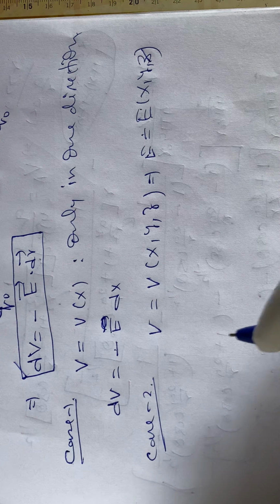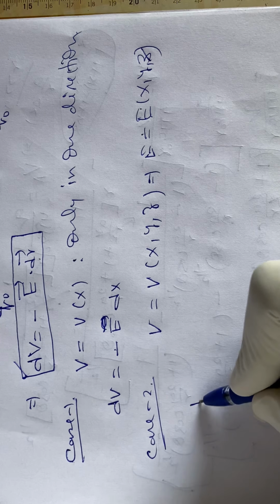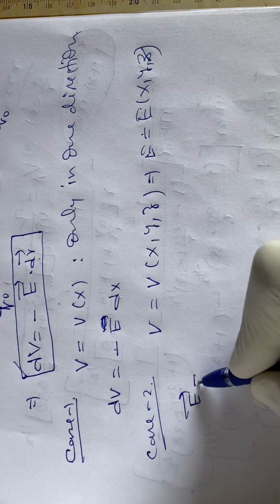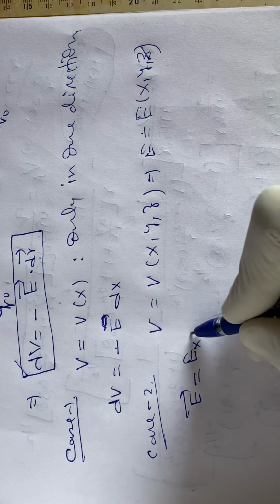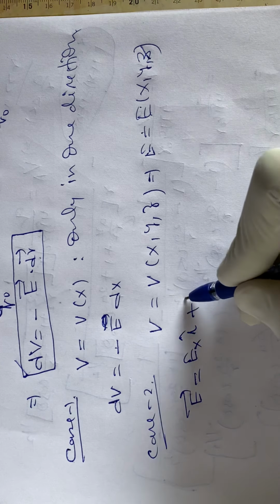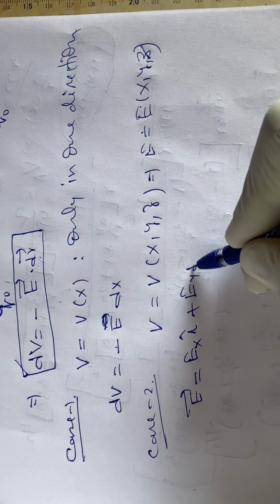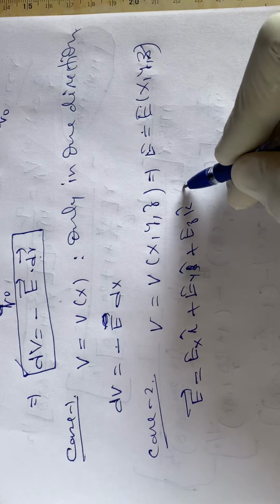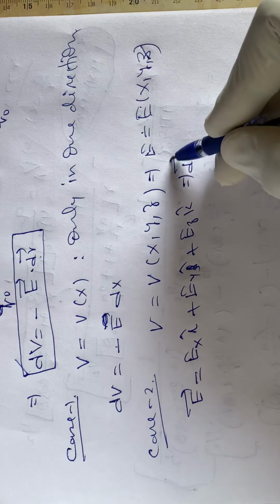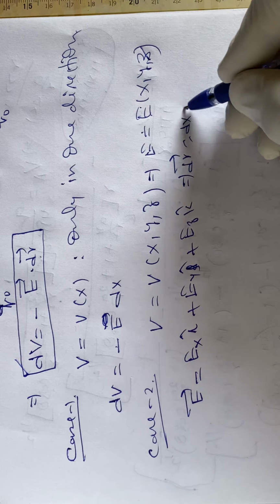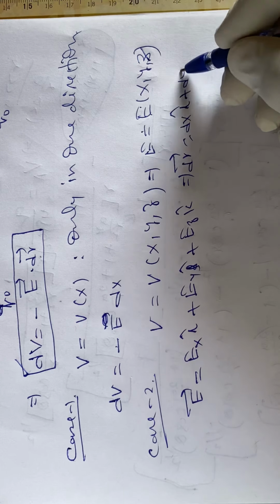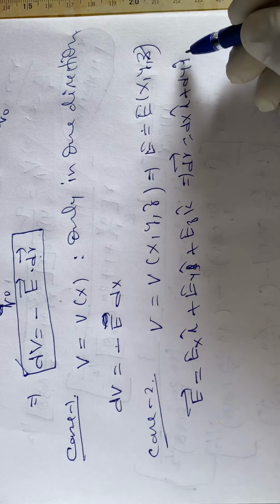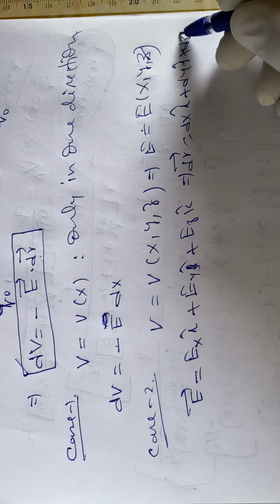So we can write E in vector form as Ex i cap, Ey j cap, and Ez k cap. In the same way, the dr vector can be written as dx i cap, dy j cap, plus dz k cap.